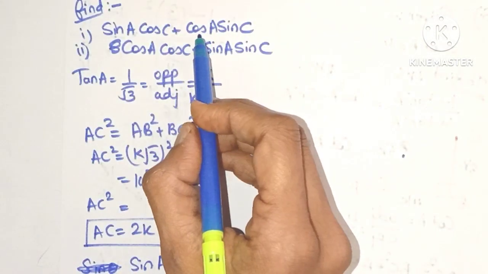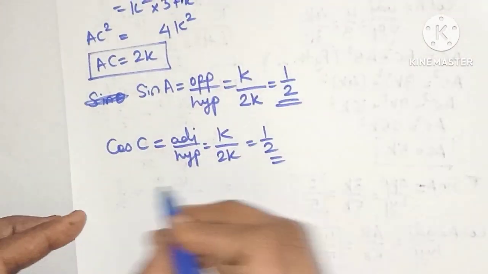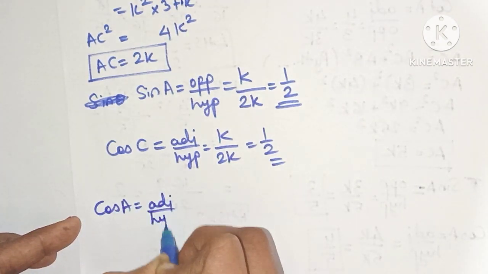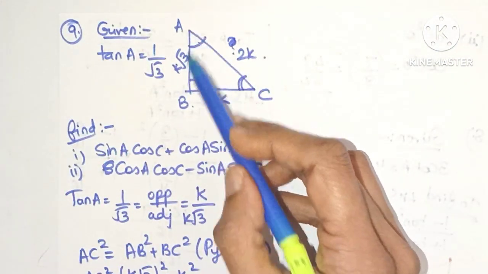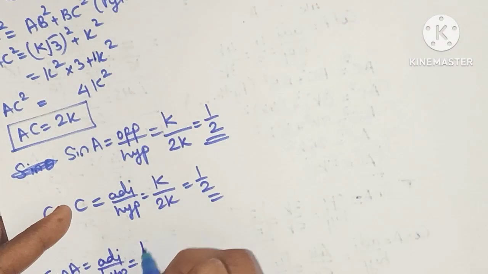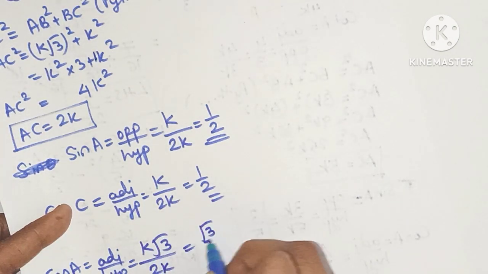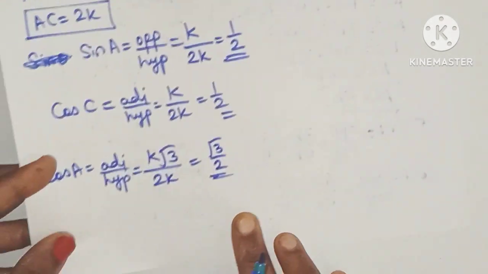Again, let's continue. You have to find cos A also. So cos A, again the same formula, but my angle is now A. So for A, the adjacent is K root 3. The hypotenuse is the same. So I'll get root 3 by 2 as cos A. Okay.